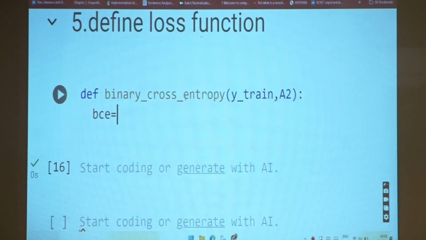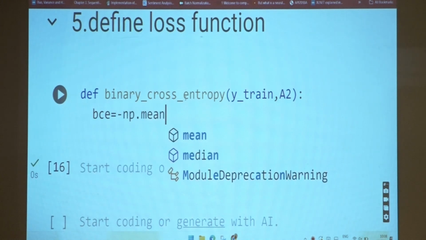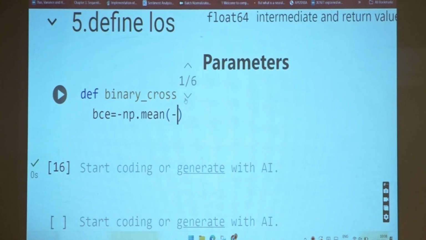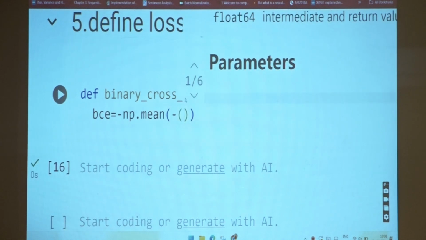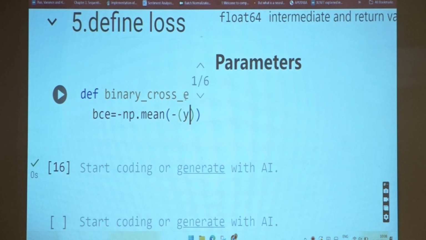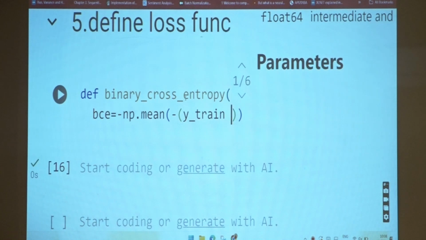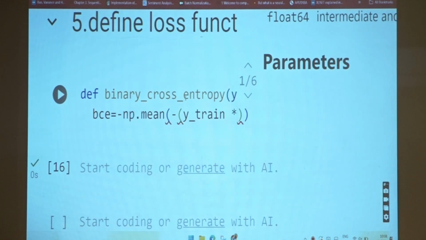Now look at this. I am passing two variables here in the binary cross entropy, y train and A2. What is there in y train and what is there in A2? So I told you about four variables, x train, x test, y train, y test. What is x train? Please stop working on it, pause it. Okay, what is x train? Training input data.